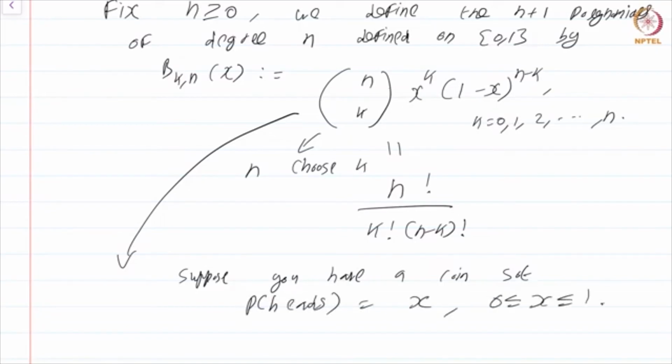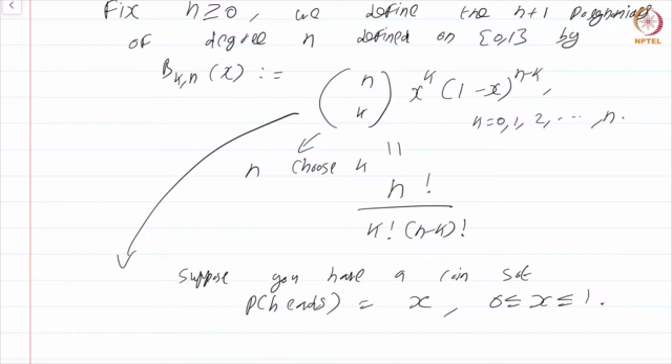So in a typical coin, we assume that the probability of heads or tails is equal to half. But you can have biased coins where it falls heads all the time. That means the probability of heads is 1, or it never falls heads. That means probability is 0, or anywhere in between. So this is what is known as a biased coin.